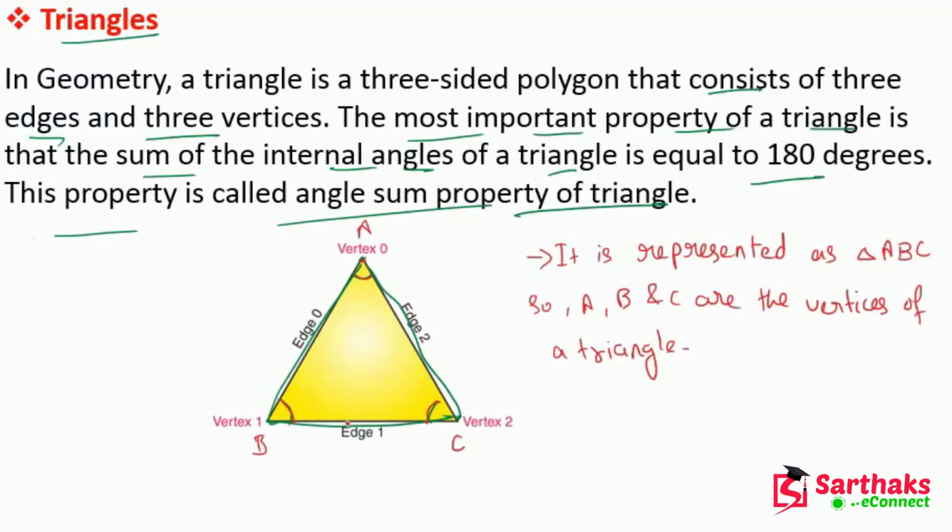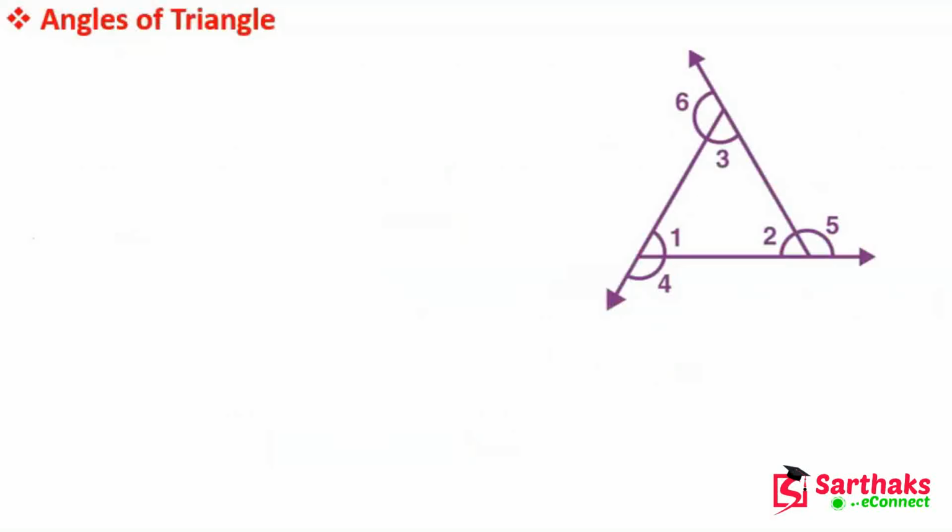Now let's see the angles of triangles. There are three angles in a triangle. These angles are formed by two sides of the triangle, like this. You can see in the figure. The sum of consecutive interior and exterior angles of a triangle is supplementary.